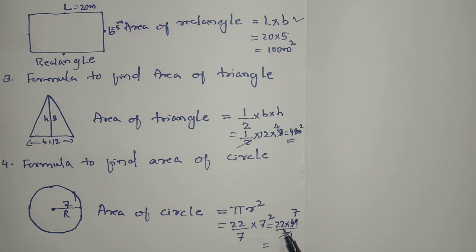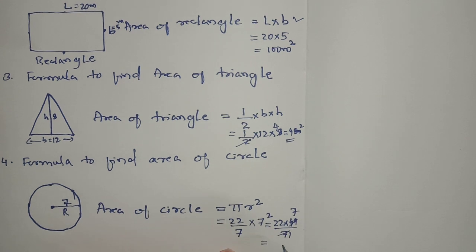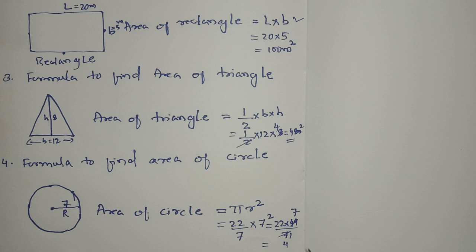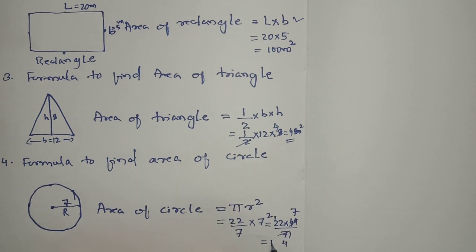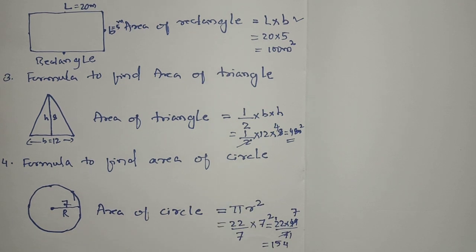Now the remaining is 22 into 7. 7 twos are 14. 4 carry 1. Again 7 twos are 14 plus 1, 15. This is our answer for the area of circle.